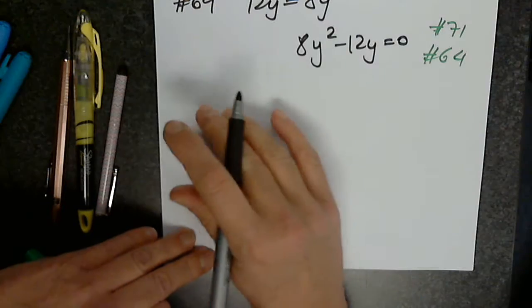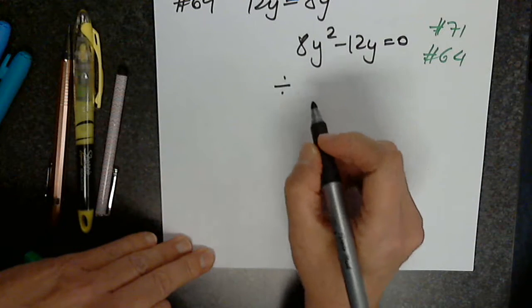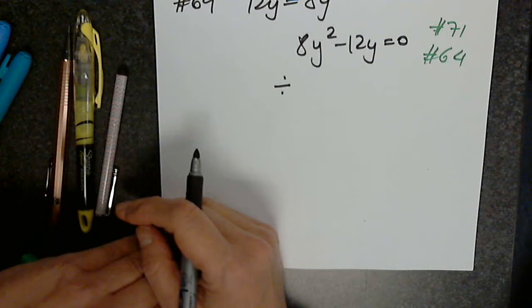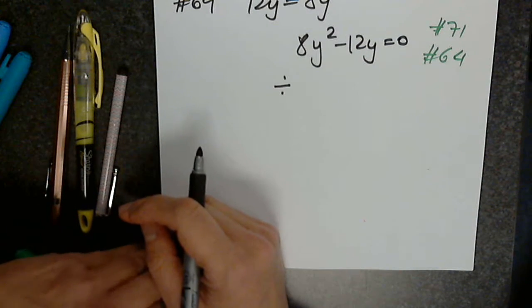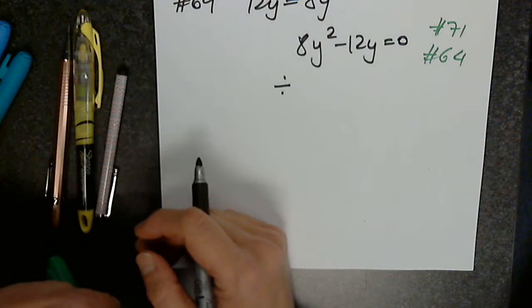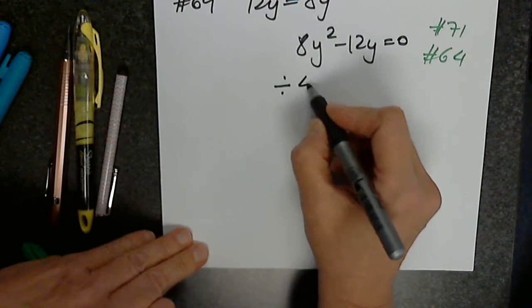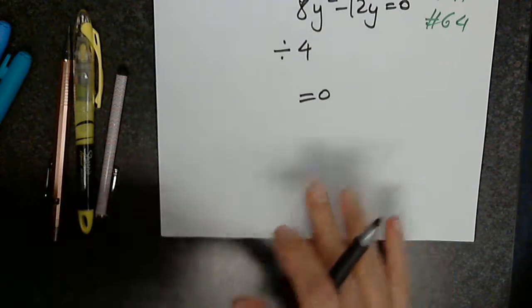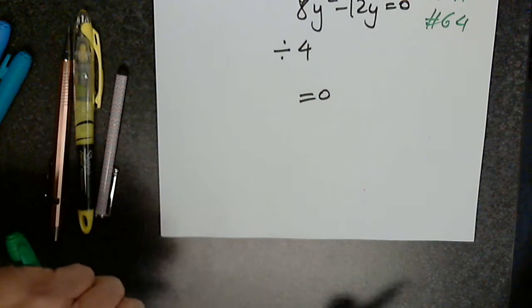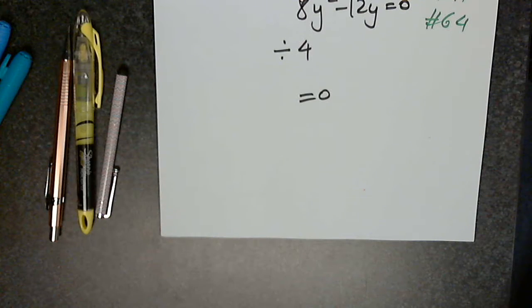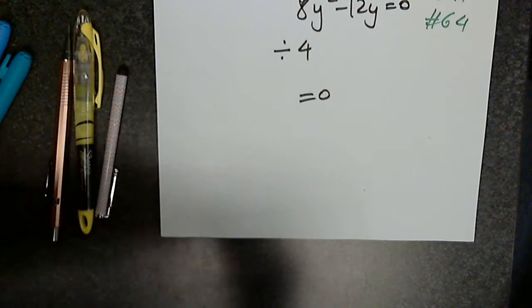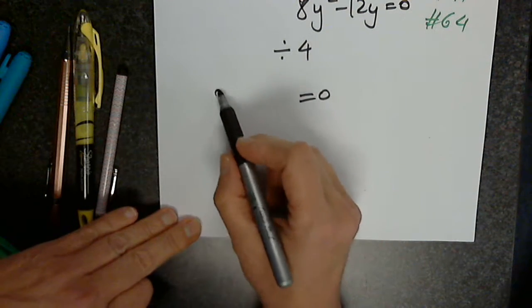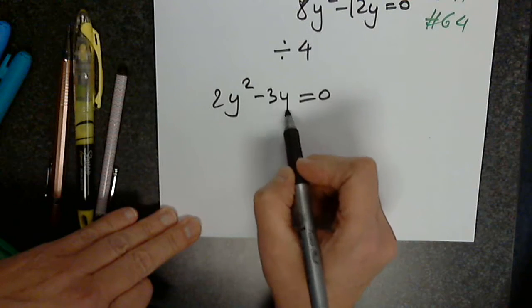Yes, but since this is an equation, I will divide both sides by no variables ever, but by a common factor that is a number and that I can get rid of. 4. So please tell me the new equation. Give me the new equation after you divide both sides by 4. You cannot divide by y. You're not allowed to. Ever. 2y squared minus 3y.